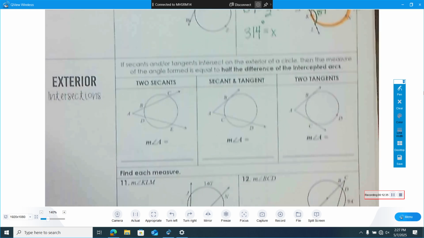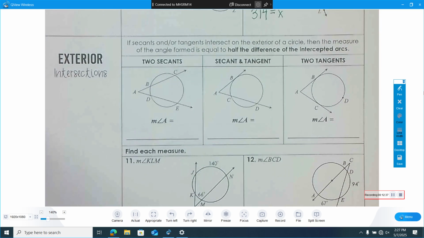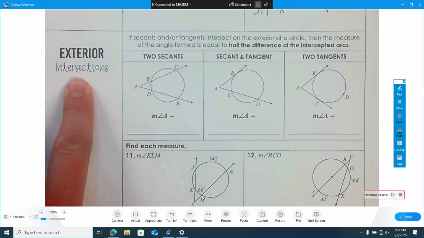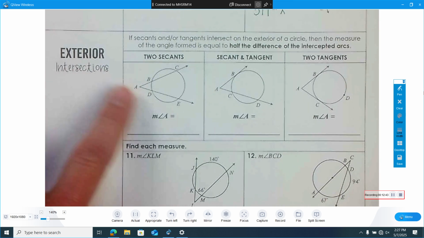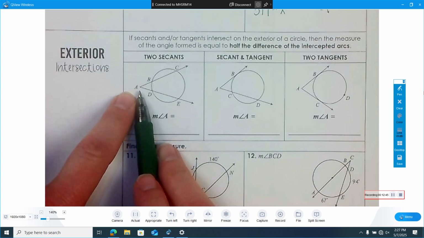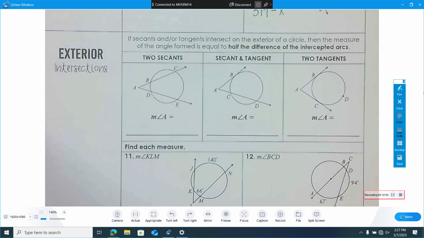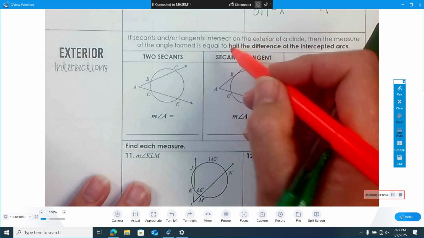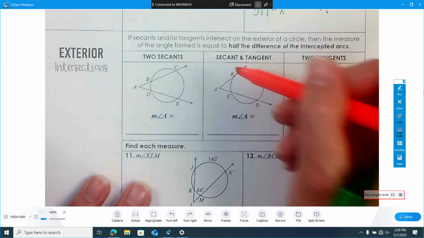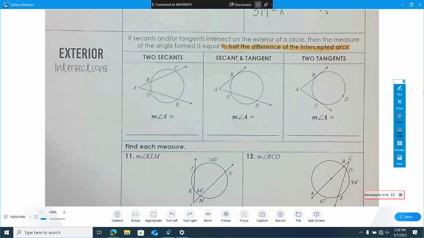Patience, Padawan. All right, last one is when we have an intersection outside of the circle. So here we have 2 secant lines, and it turns out that it's the same formula for all these cases. The angle is half the difference of the intercepted arcs.